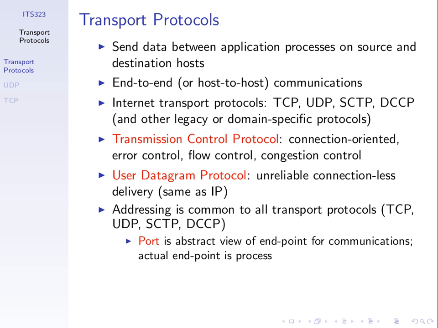There are different transport protocols available. TCP, UDP, SCTP, DCCP are some of the standardized protocols. There are some older ones. There are some that are very specific, used for very special networks or very domain-specific networks. TCP and UDP are the ones that have been around the longest.